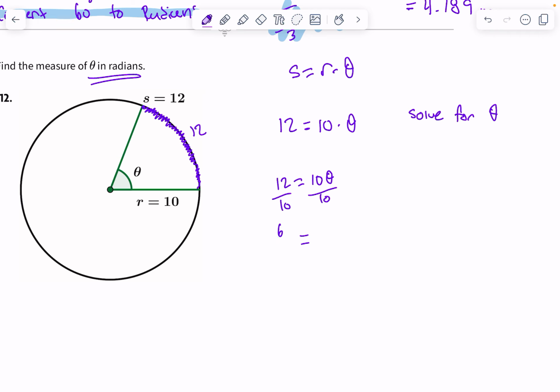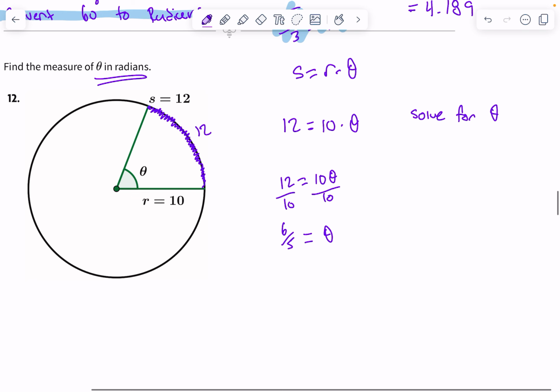Now I'm left with 6 over 5 equal to theta. I can leave my answer like that, or convert it: 1.2 radians equals theta.